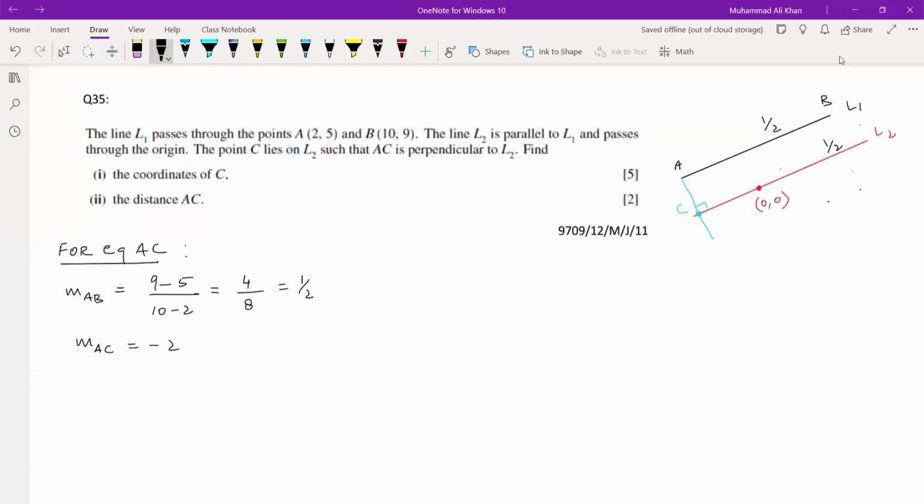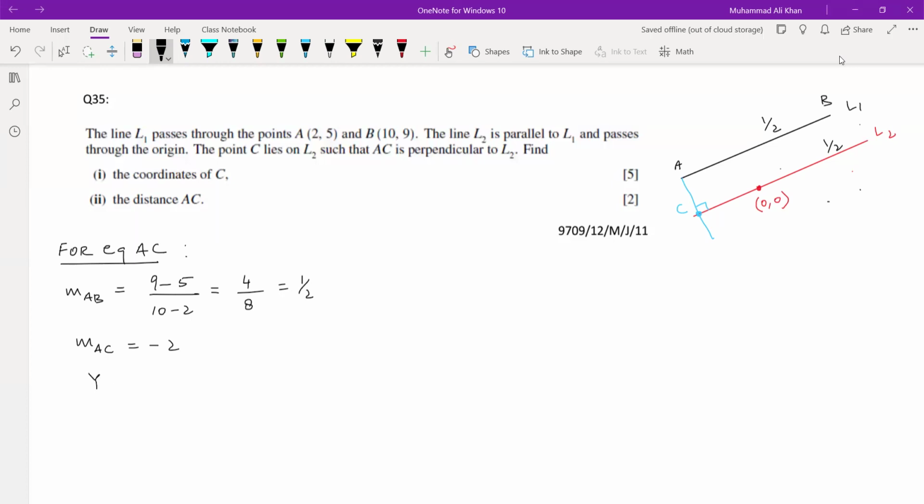We have calculated the gradient of AB, which is 1 upon 2, and line AB is parallel to line L2, so its gradient is also 1 upon 2. And here the line AC is perpendicular, therefore its gradient is minus 2. In line AC, we have the coordinates of A and the gradient minus 2.